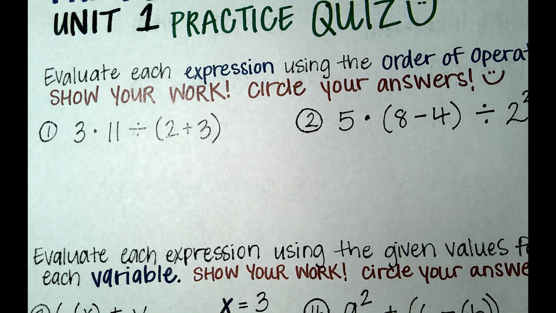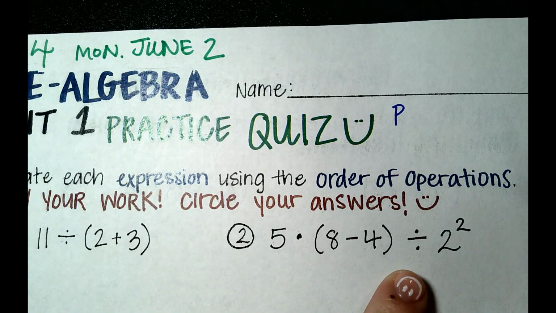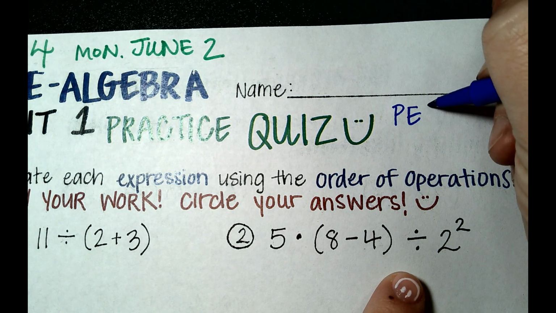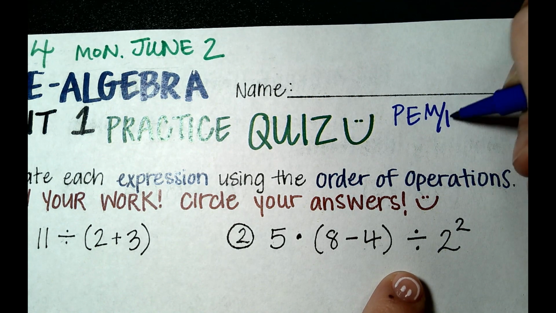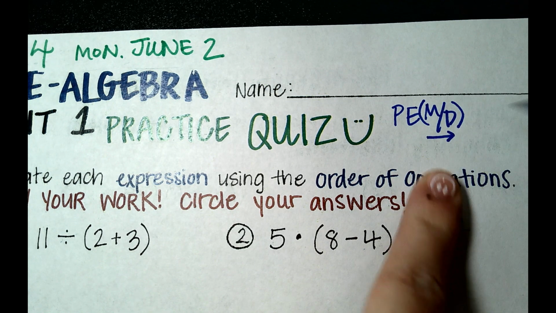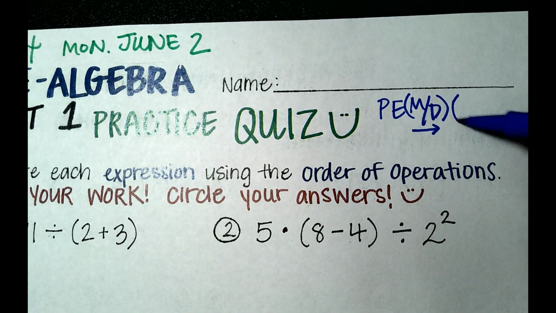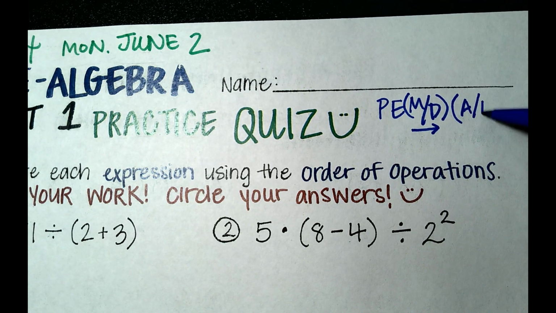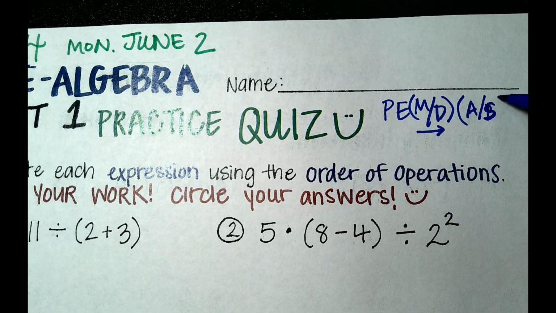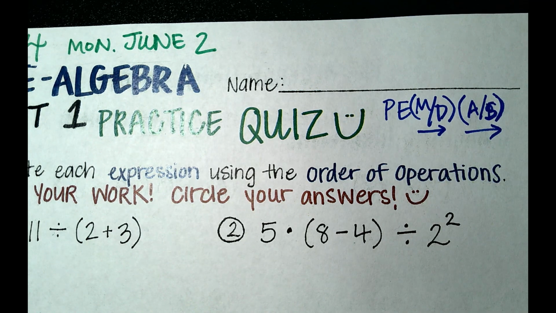Parentheses. And then the exponents. Multiplication and division. Remember, those go together from left to right. And then what's the last one? Addition and subtraction. That's where that PEMDAS comes from.